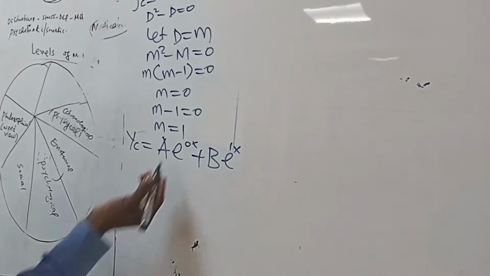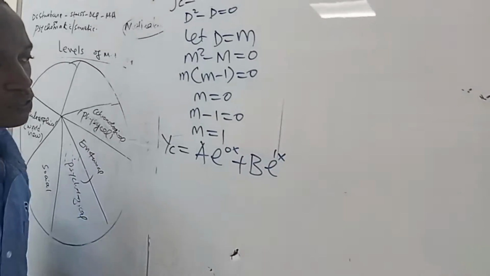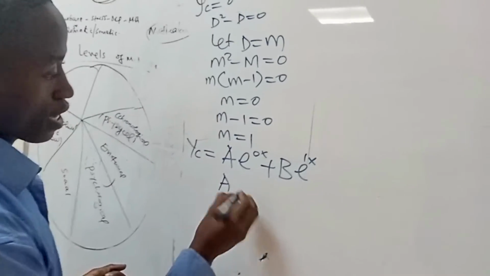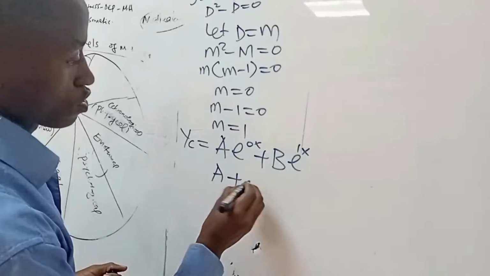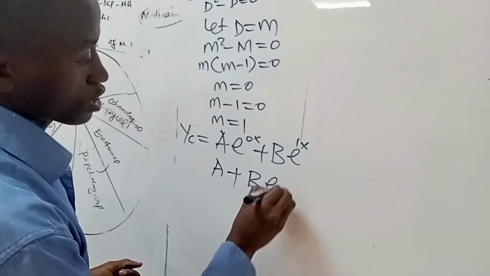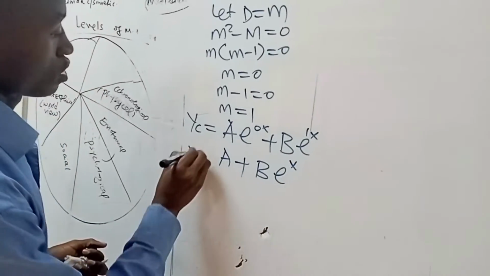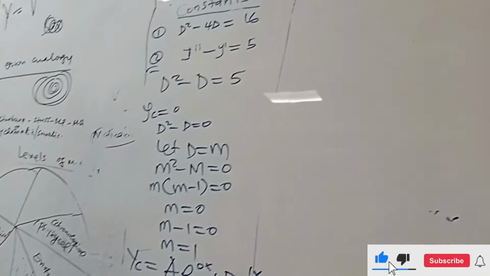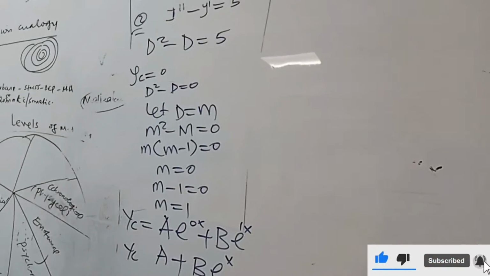So anything to the power 0 will just give us 1. So that will remain to be a plus b e to the power x. This is your yc.